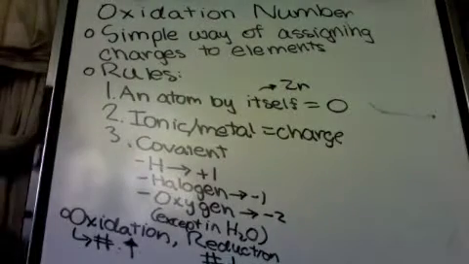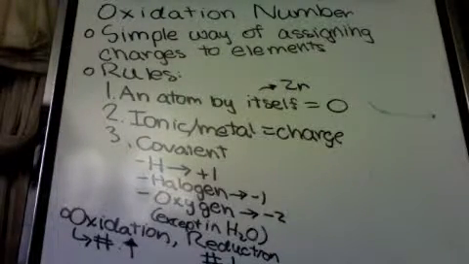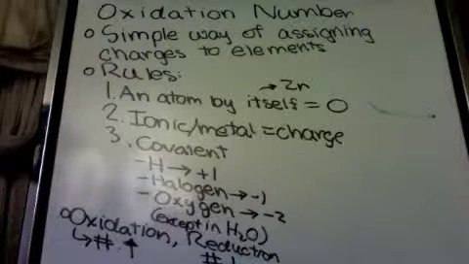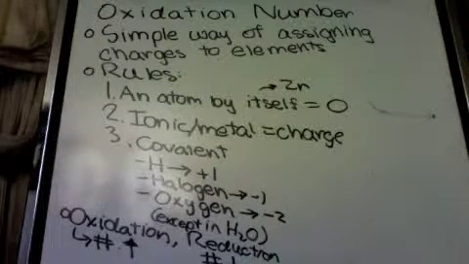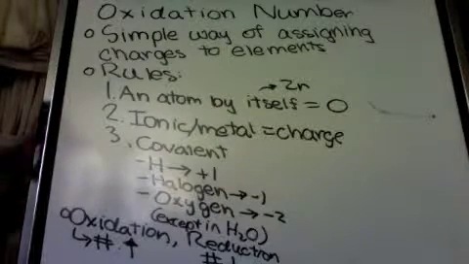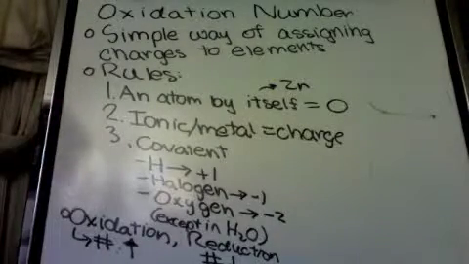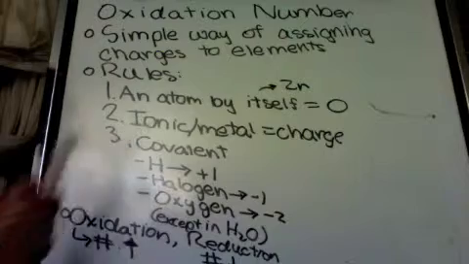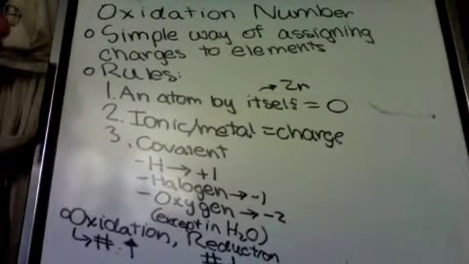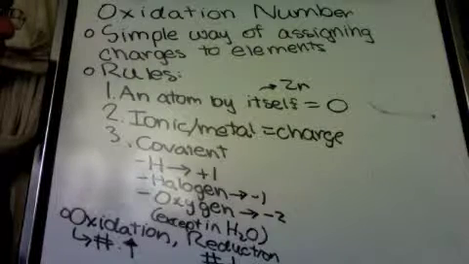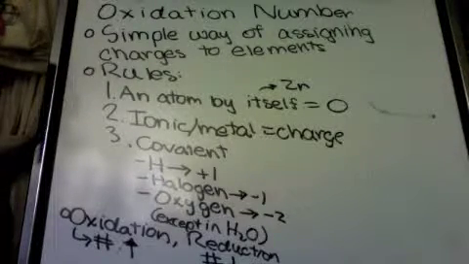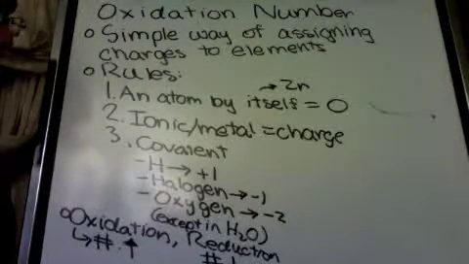Okay, next, a simple way of assigning charges to elements, which will help us in balancing redox reactions. The rules are that, number 1, an atom by itself has a charge of 0. So in the previous example, Zn plus CuNO3, in that case, Zn's charge would be 0.